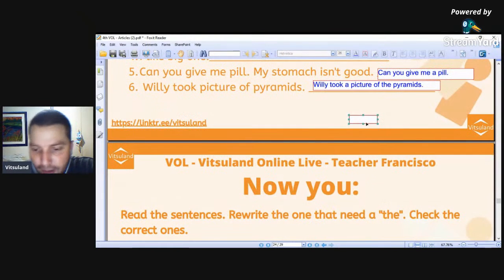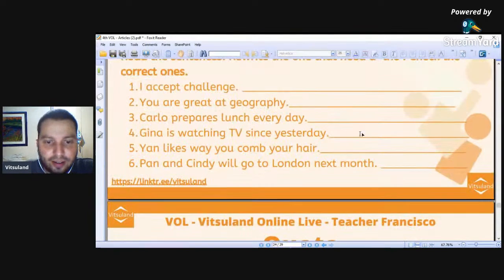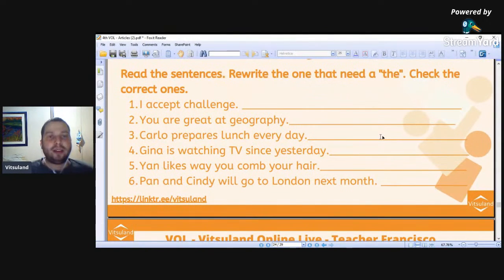And the last one, the last but not the least. We have here: read the sentences, rewrite the ones that need "the" and check the correct ones, okay? So if they need "the," you rewrite. And check the correct ones, because some of them don't need any "the" or anything, according to what we saw before.